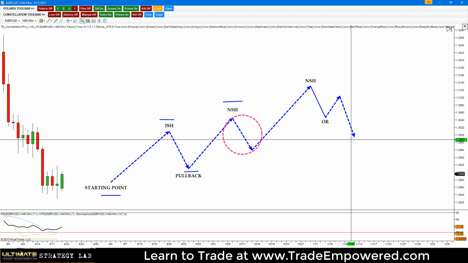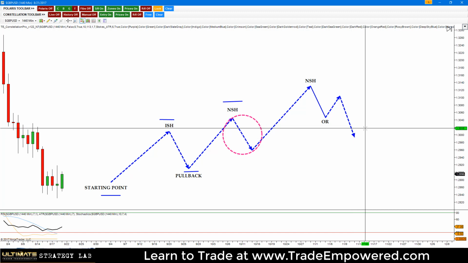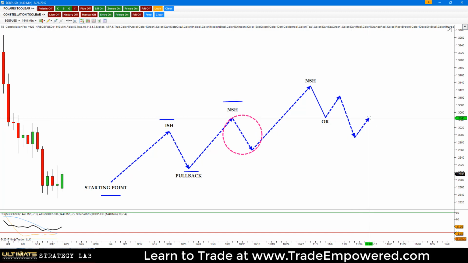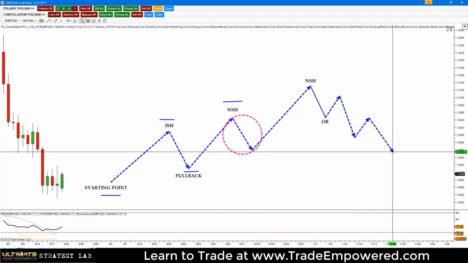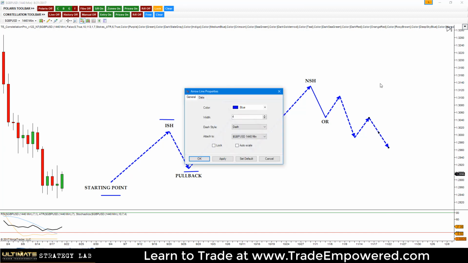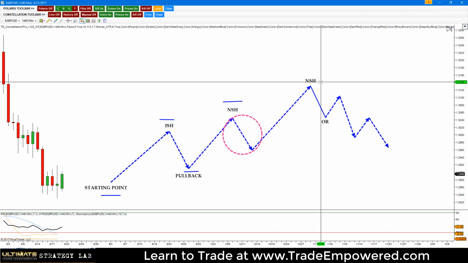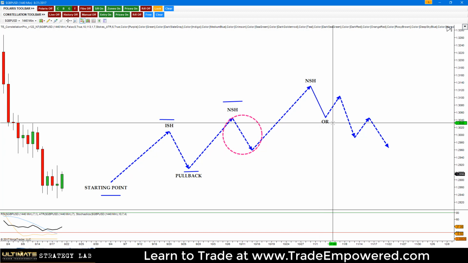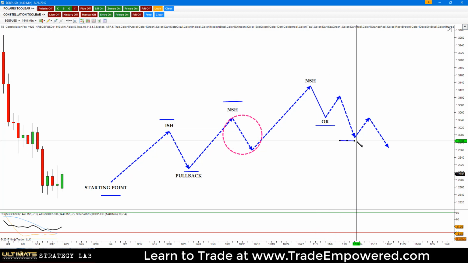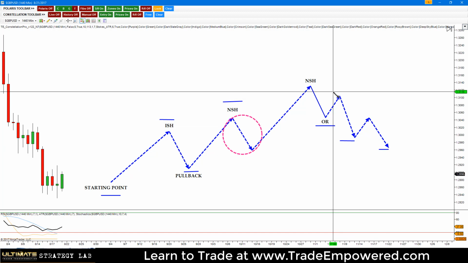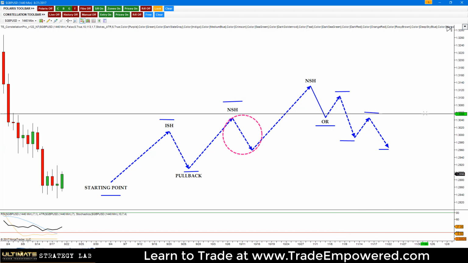And then the market may do this, and then we do that. And then you say, what type of trend are we in now? You say we're in a bearish trend because we have a series of lower lows and lower highs.